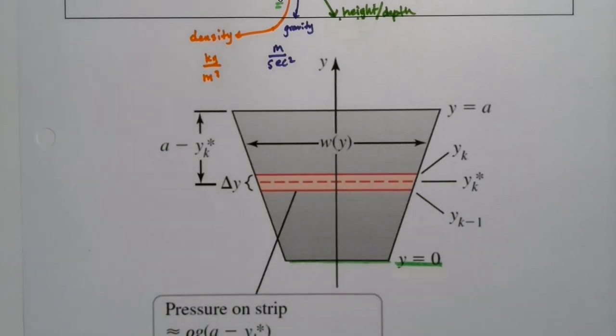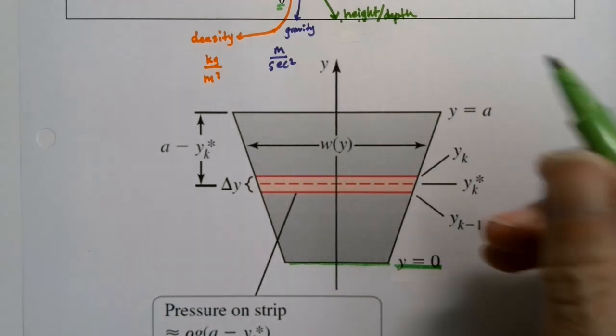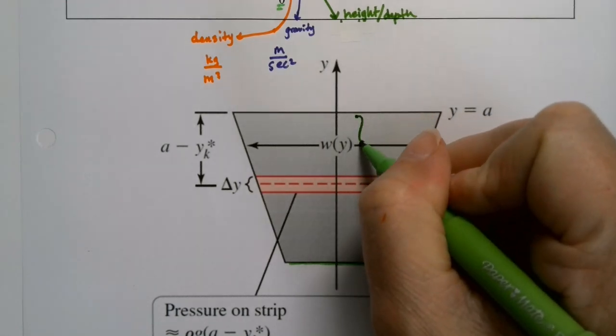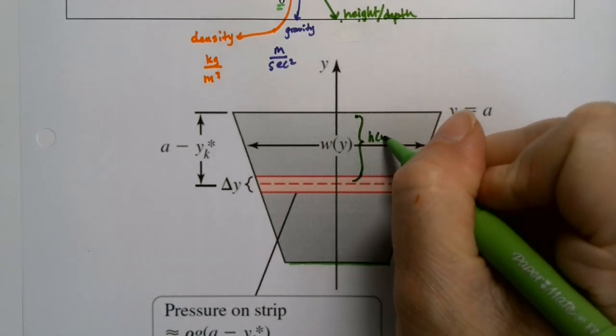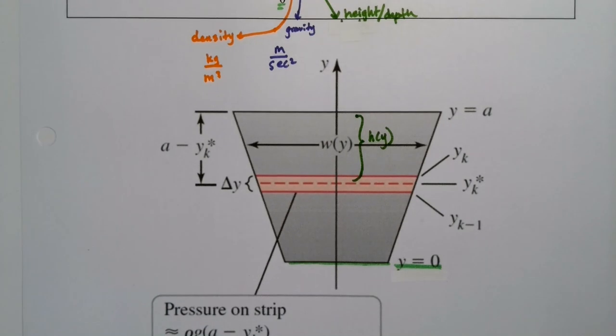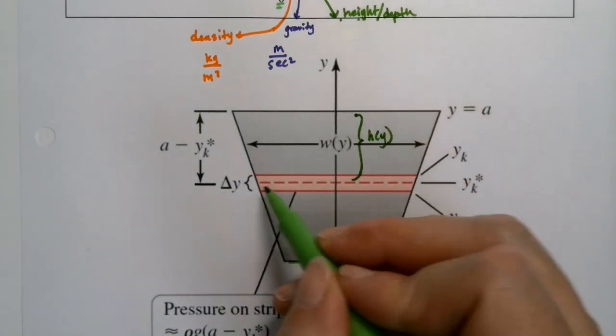And then I say that, well, let me put it this way. h of y would be the depth, right? h of y is this distance right here. Right? It's how far down that wedge of water is.